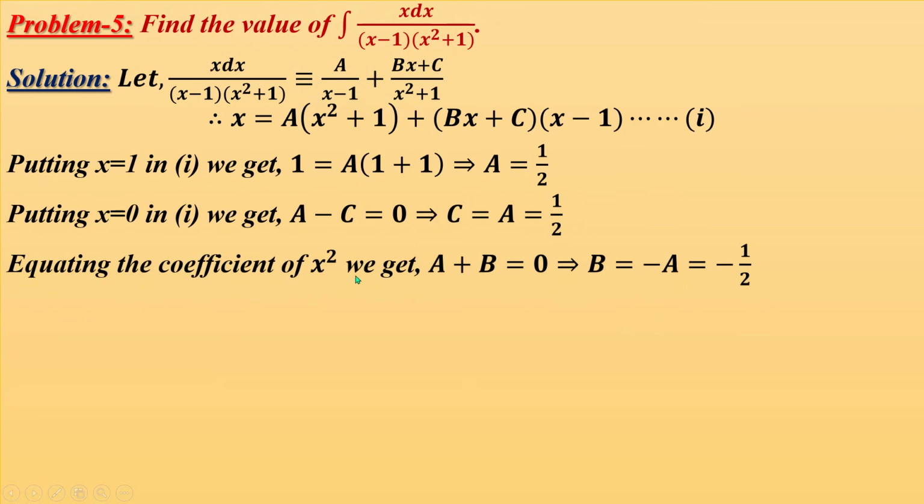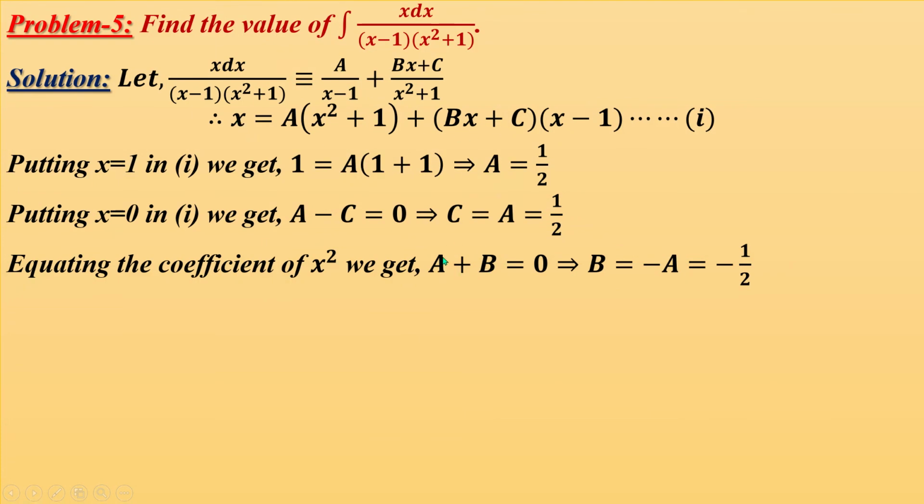Equating the coefficient of x square, we get, here the x square term is absent, so this part will be 0, and on the right side the x square coefficient will be a plus b, since bx into x means bx square. So the coefficient of x square is a plus b, and the left side will be 0.